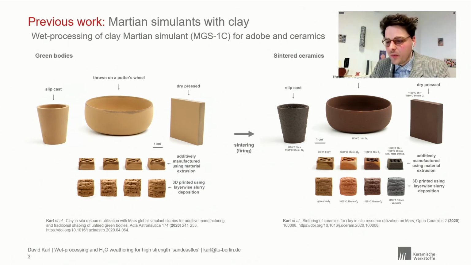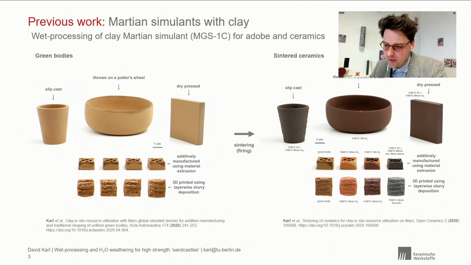We produced green bodies, what you could call adobe structures, so just dried clay, and also sintered these. The interesting thing here is we could apply all typical processing approaches to these materials.